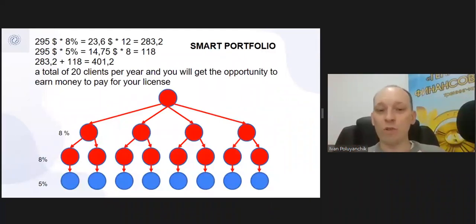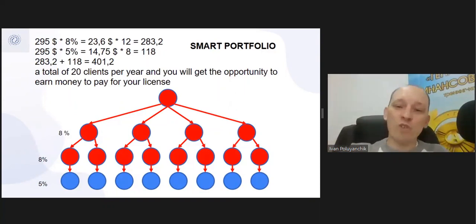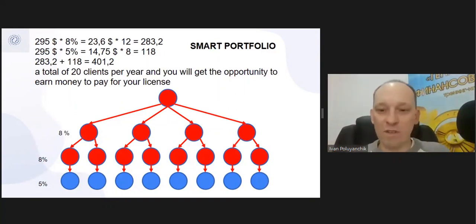So let's use an example of Smart Portfolio. If over a year you recommend the Smart Portfolio product to your friends and partners, and in total 20 clients buy Smart Portfolio in your team, then next year the license will be free for you.